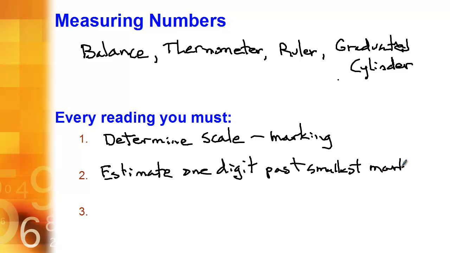Here's why. Let's say we have something that's between 1.1 and 1.2. The markings are 0.1 and 0.2. What if it's in between those two? We need to estimate. Alright? And so that's why there's one more digit. One digit past the smallest marking. Okay, so find the smallest marking. One more digit is where every number should be from that tool.